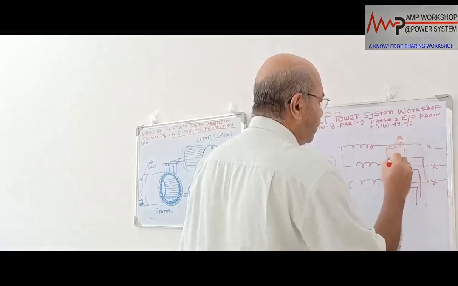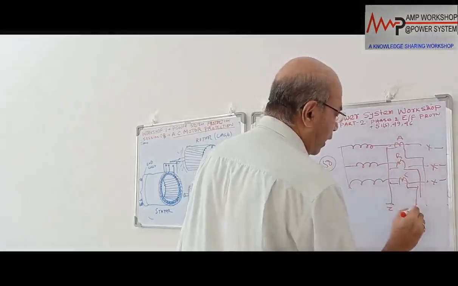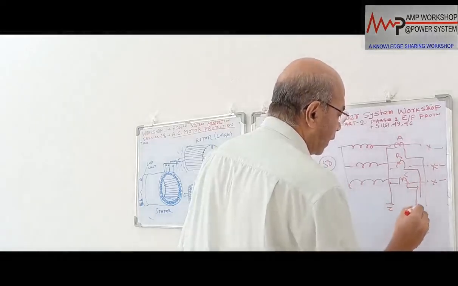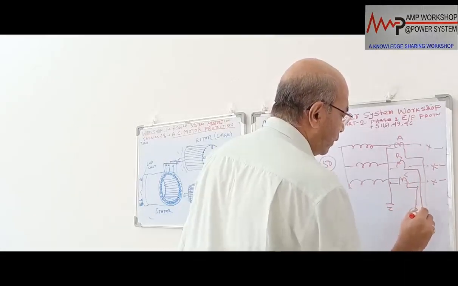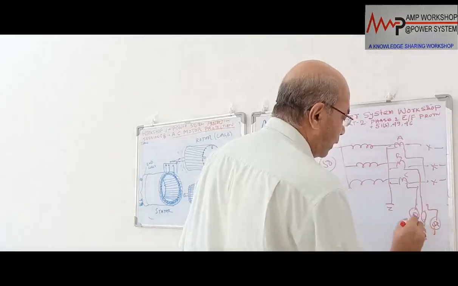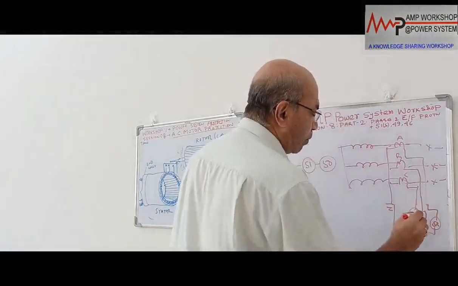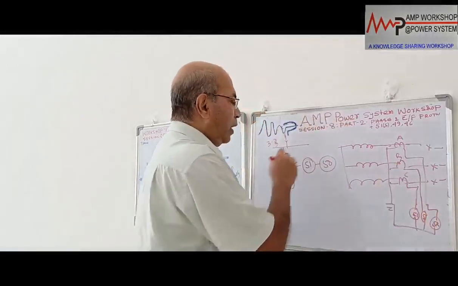So this is A phase, B phase, and C phase, and this is grounded. Now here we provide a 51 relay. Suppose A phase is 51A, this is 51B and this is 51C, and these three are shorted and it goes back to the neutral. This way we provide overcurrent protection for the motor.